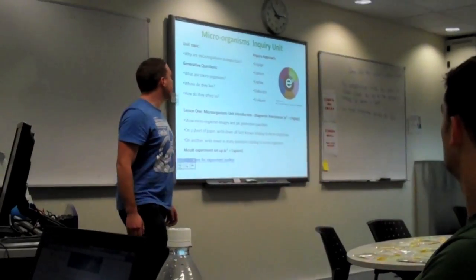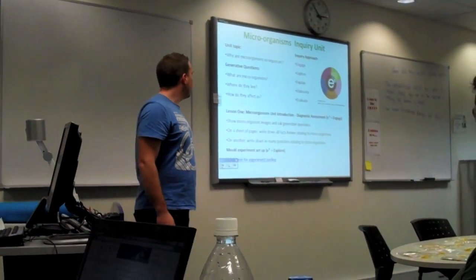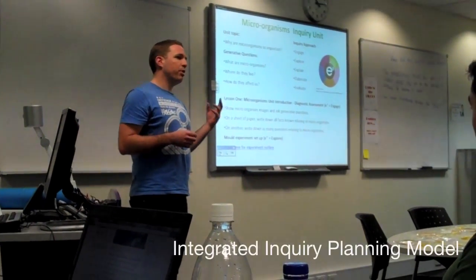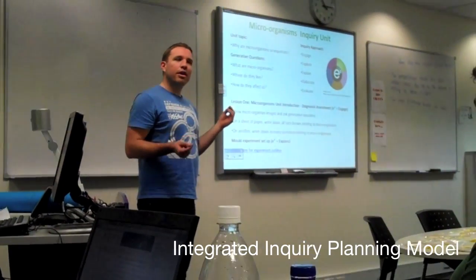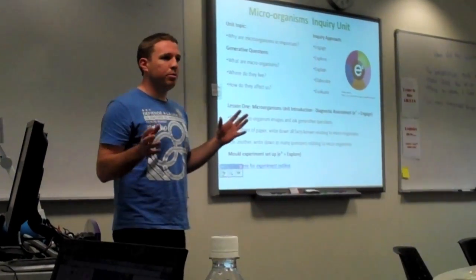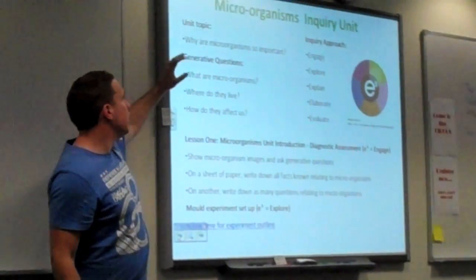Okay, so the unit topic is: why are microorganisms so important? I used a combination of Kath Murdoch's inquiry model and the E5 inquiry model. The part that I took out of Kath Murdoch's is this specifically here.